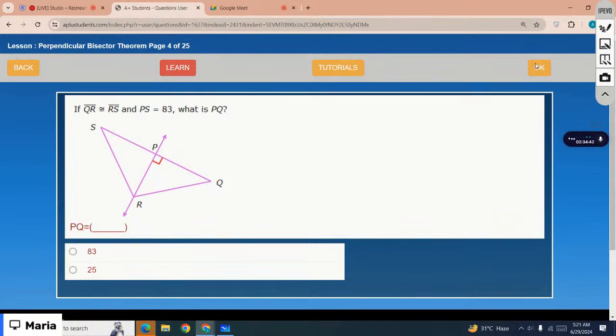The correct option is 83. PQ is 83. Option number 1 is the correct option.